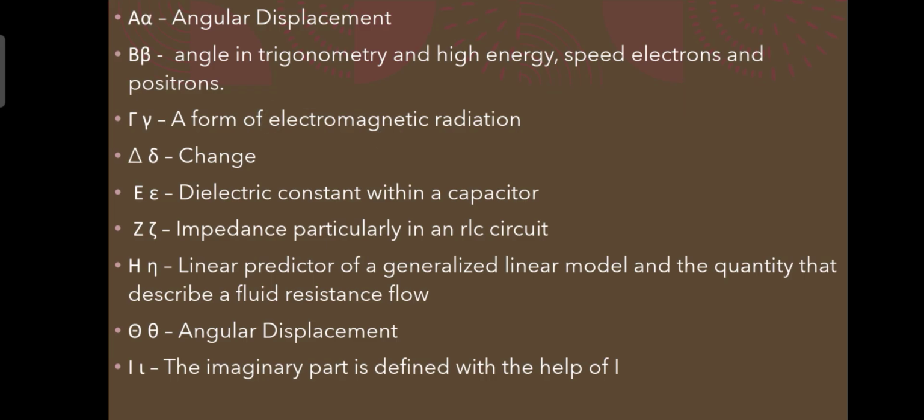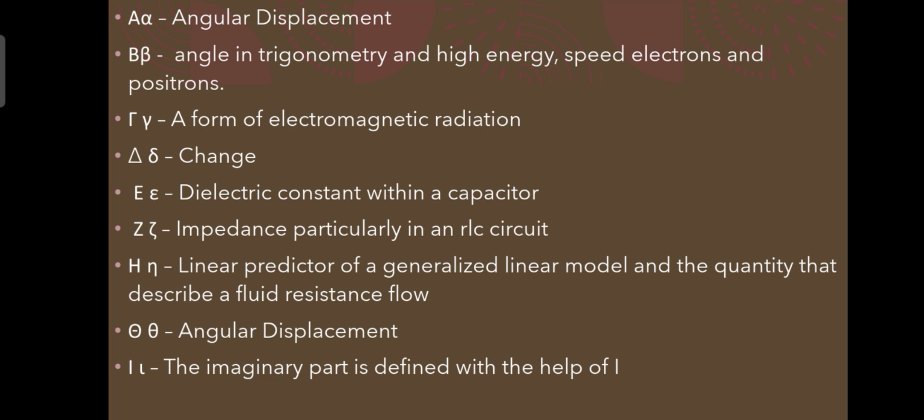Now I'm going to tell you about the meaning of the Greek letters used in math, physics, and chemistry. So we have alpha, angular displacement. Beta, angle in trigonometry, and high-energy, high-speed electrons and positrons in physics. Gamma, a form of electromagnetic radiation, or gamma ray.